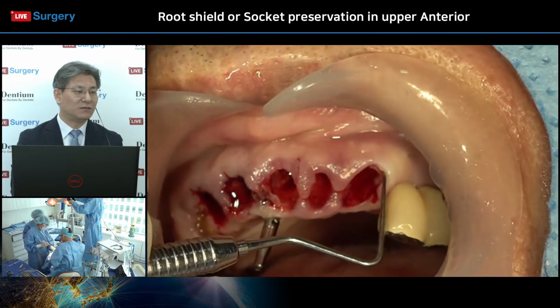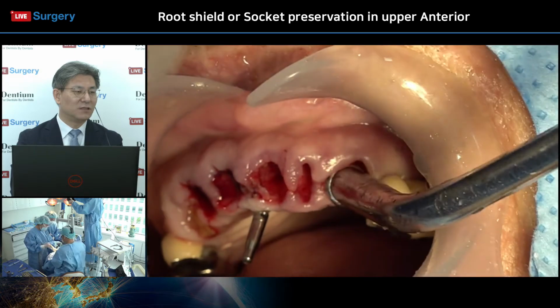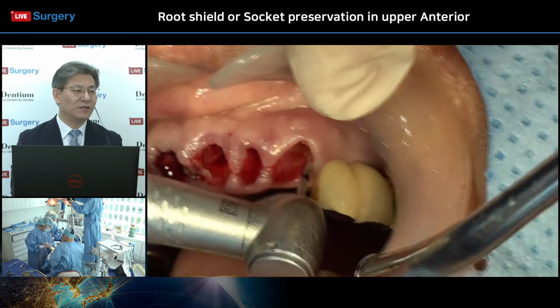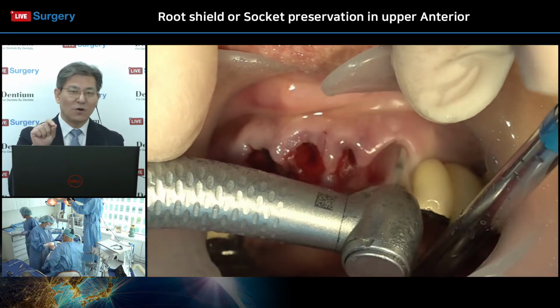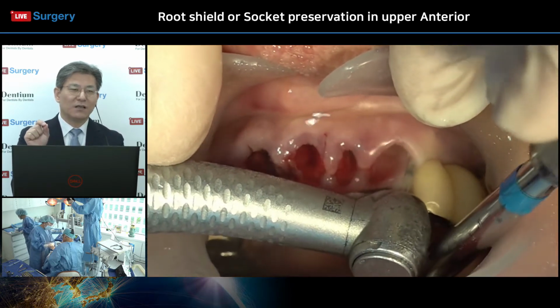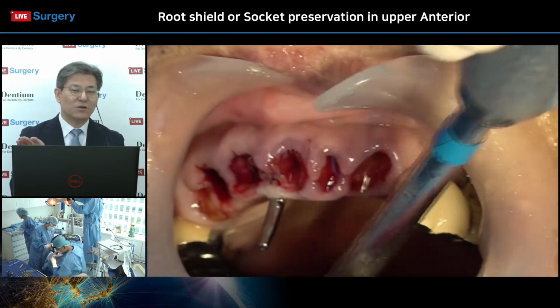Around the bone sounding, around 3 to 4 millimeters. After bone sounding. Bone sounding means locating and detecting the bone location, the marginal socket bone.